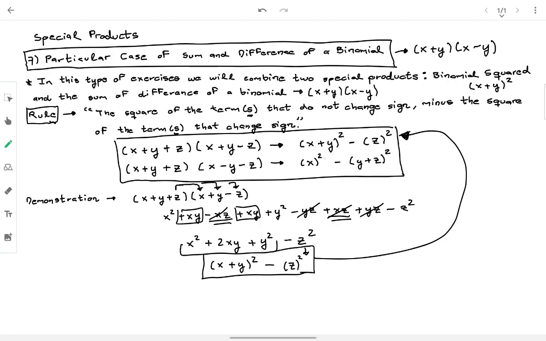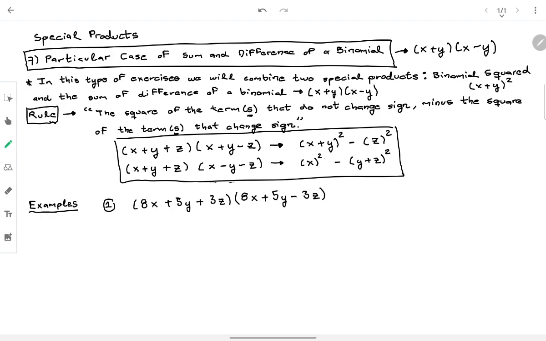So let's see some examples. In the first exercise, you have something like this. We have a trinomial multiplied by another trinomial, but we have the particular case that 8x plus 5y doesn't change sign, but 3c and minus 3c change sign.